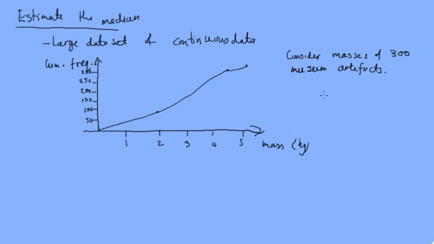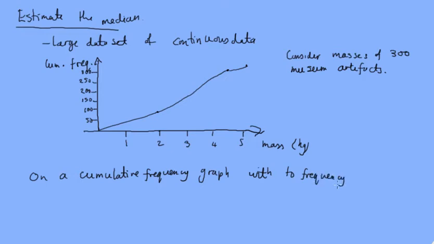So for a cumulative frequency with total frequency n equal to the sum of all the frequencies, the median is the n over 2 value.